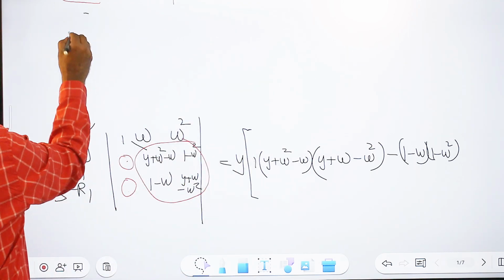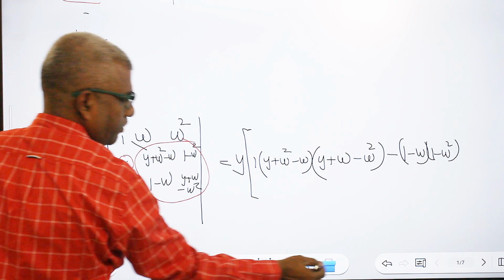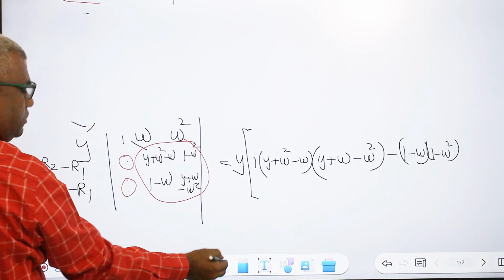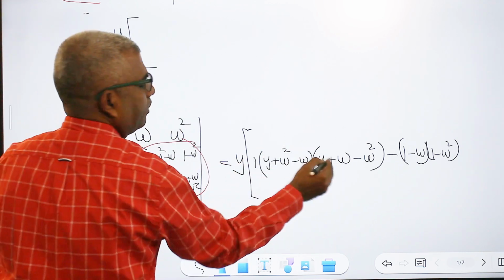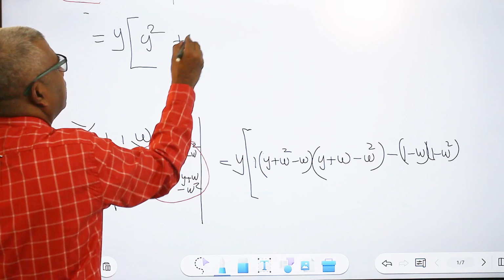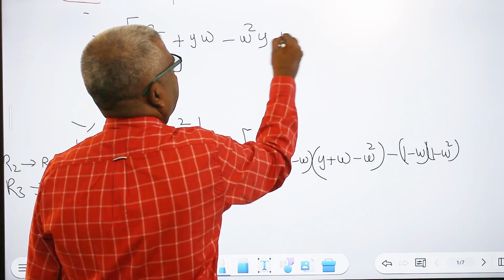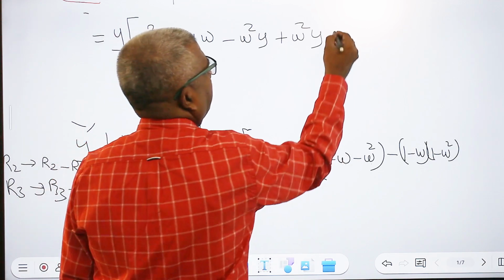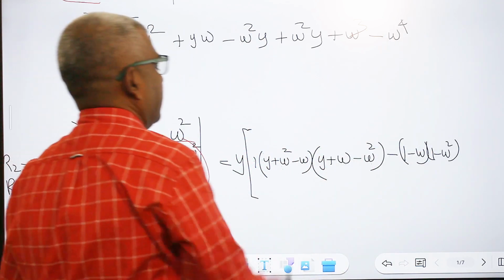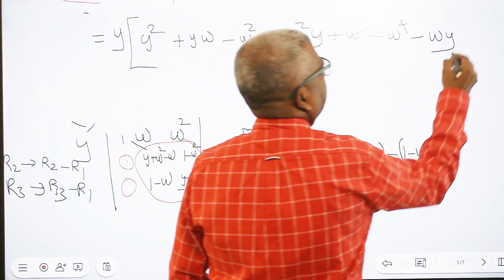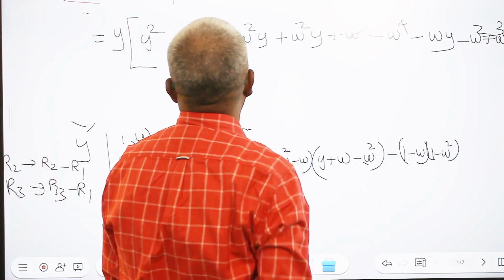Y times 1, since it is 1 we can multiply: y squared, y omega, minus omega squared y, omega squared y, omega squared plus omega cube, omega squared minus omega power 4, then minus omega squared, plus omega cube. Okay, here there will be 9 elements.